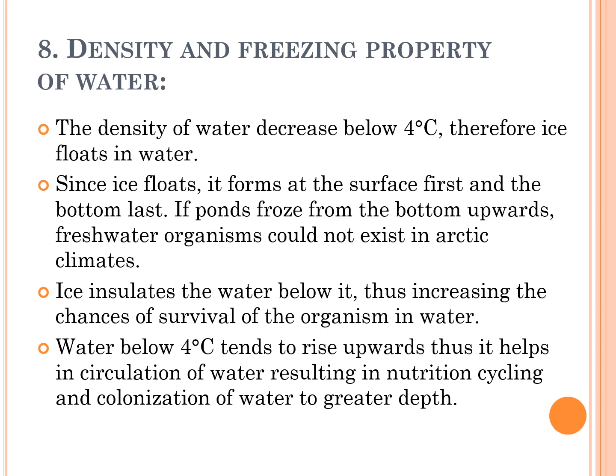So ice insulates the water below it, thus increasing the chances of survival of organisms in water. Water below 4 degrees Celsius tends to rise upwards. Thus it helps in the circulation of water, resulting in nutrient cycling and colonization of water to greater depth.